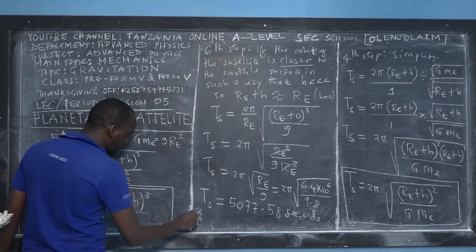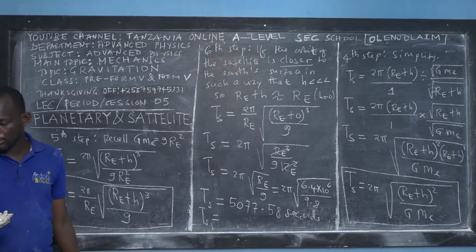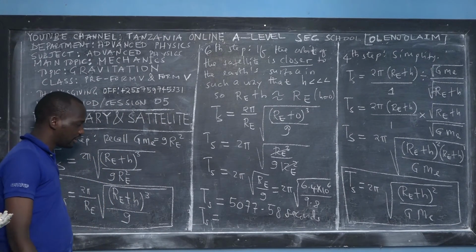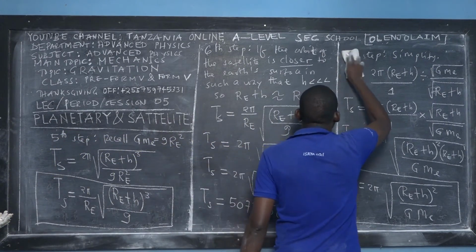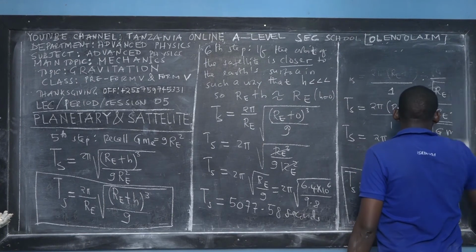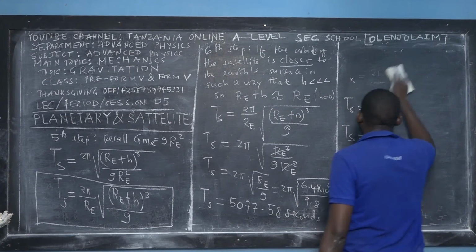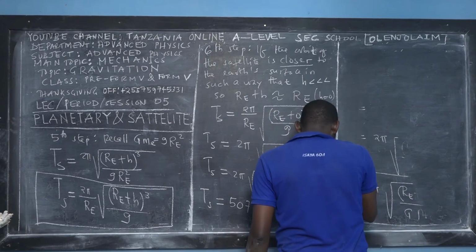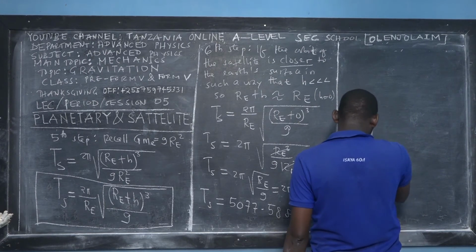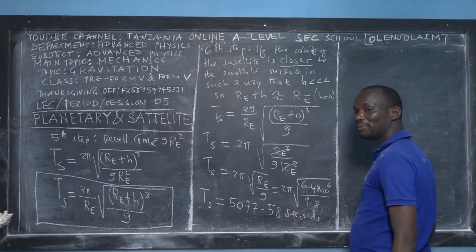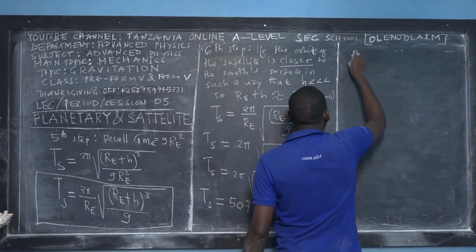So then if you convert that period into minutes, the satellite will complete one revolution in 84 minutes. Just 1 hour and 23 minutes. Fantastic. In an hour, you complete a revolution around the Earth's surface. This is an amazing satellite. Okay?